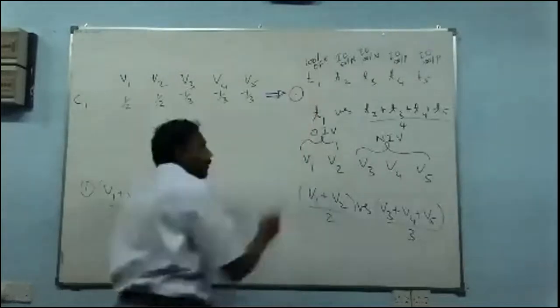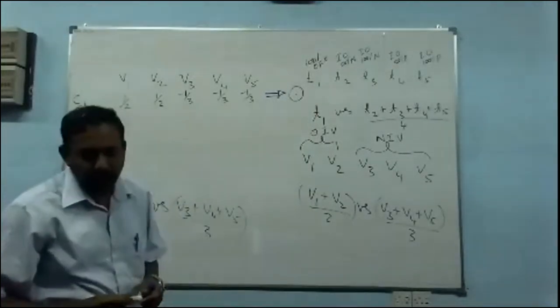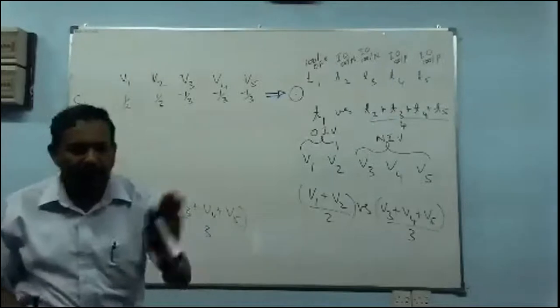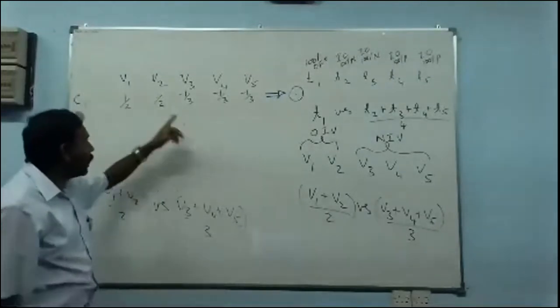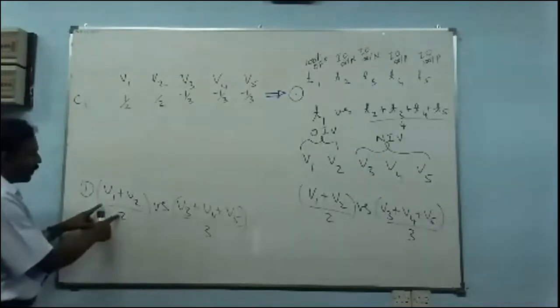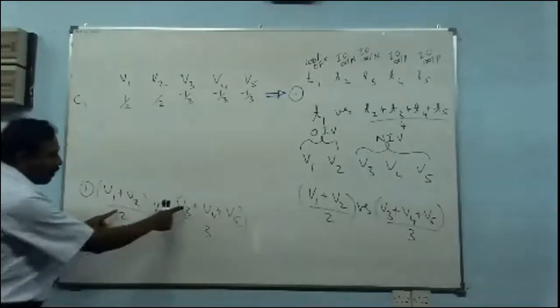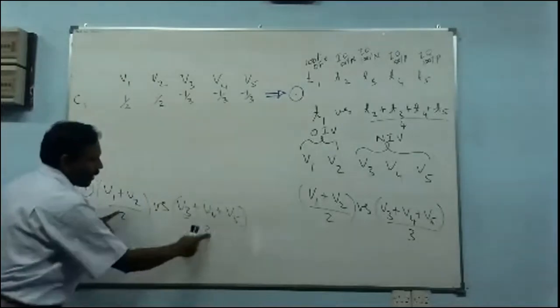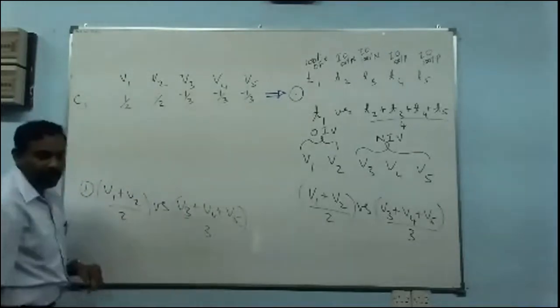See, so this is what we call orthogonal. So when you add the coefficients of all, it should be 0. How does this coefficient come? Because you see 1 over 2, 1 over 2, 1 over 3, 1 over 3, 1 over 3. So this is plus, this is minus.